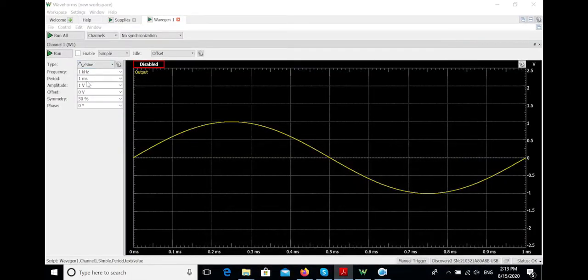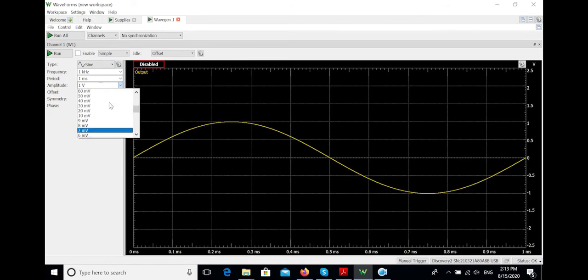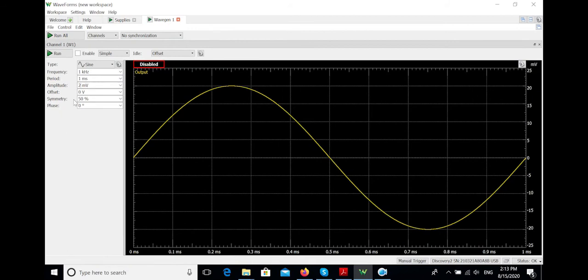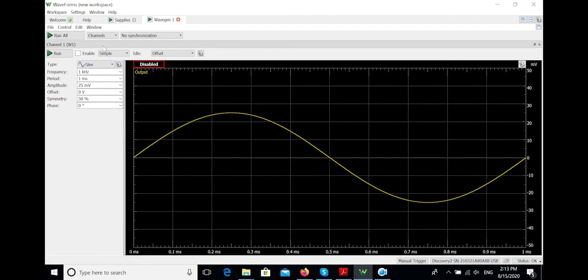So 1 kilohertz, 25 millivolts, and this is the input.